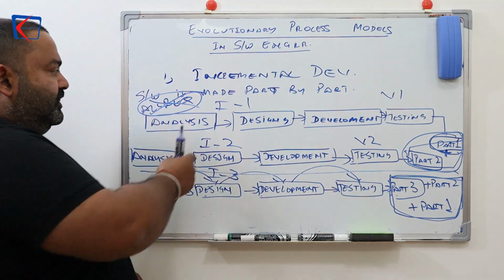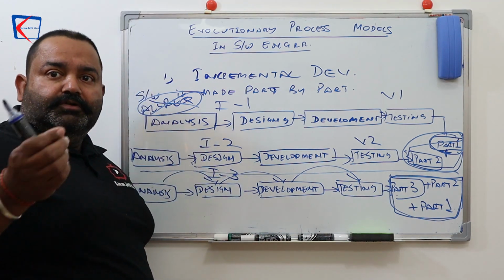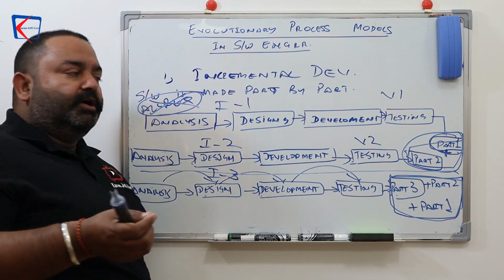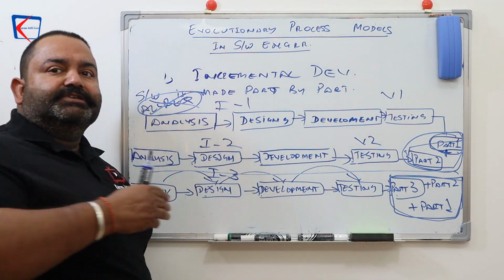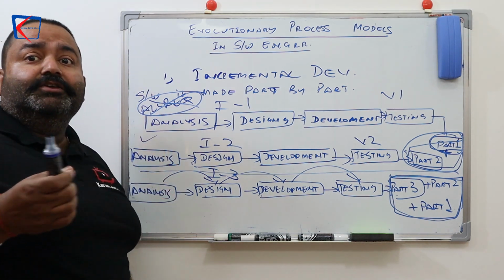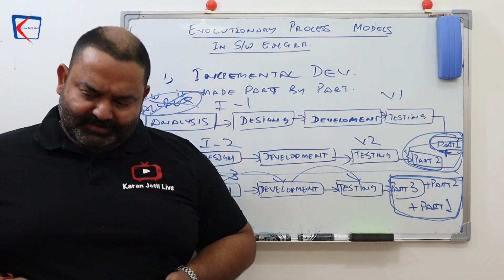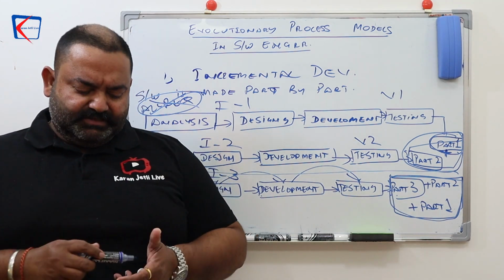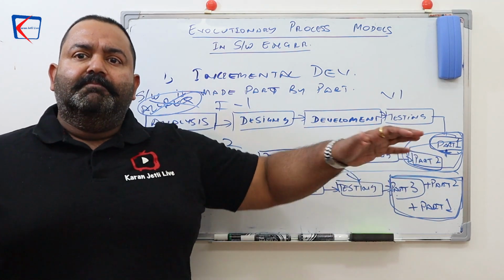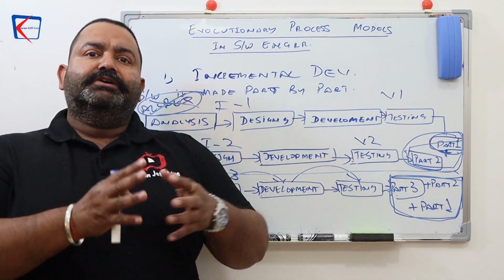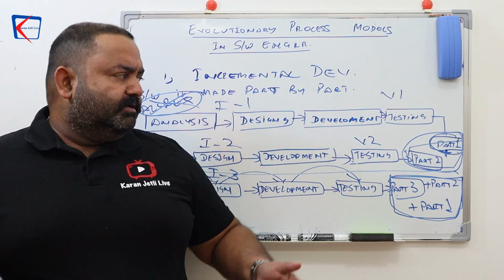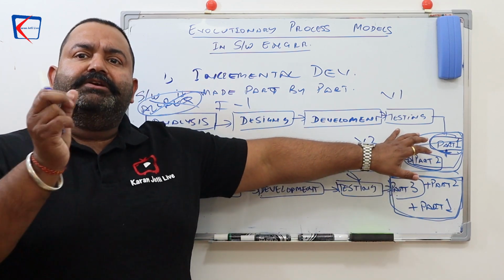Okay, now again, the good thing about this model is, in case you want to make any changes in the requirement, after one iteration is complete and before you start with the next iteration, you can make changes in the requirements. And the other good thing is, before we release the full final product to the customer, he will have a basic product.